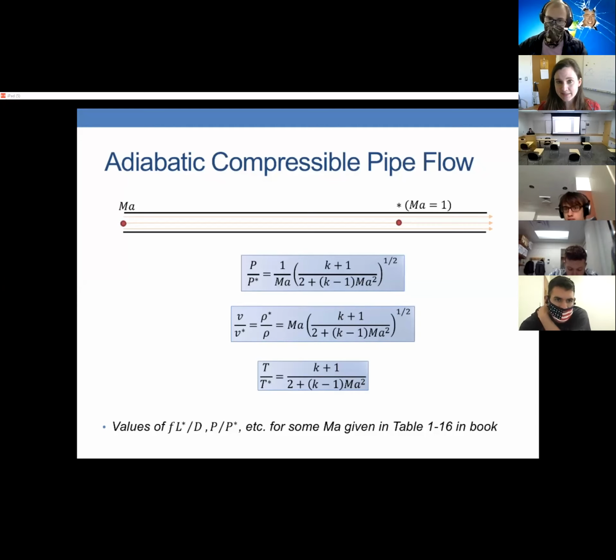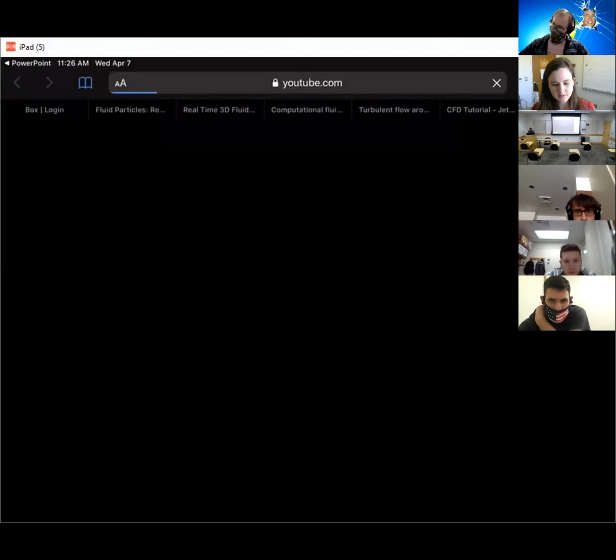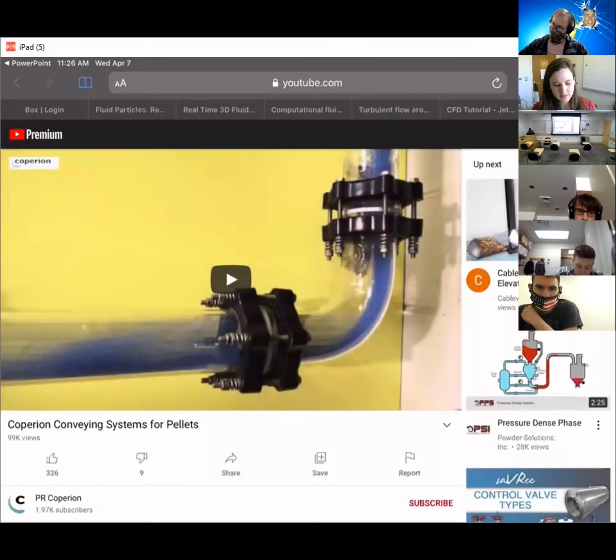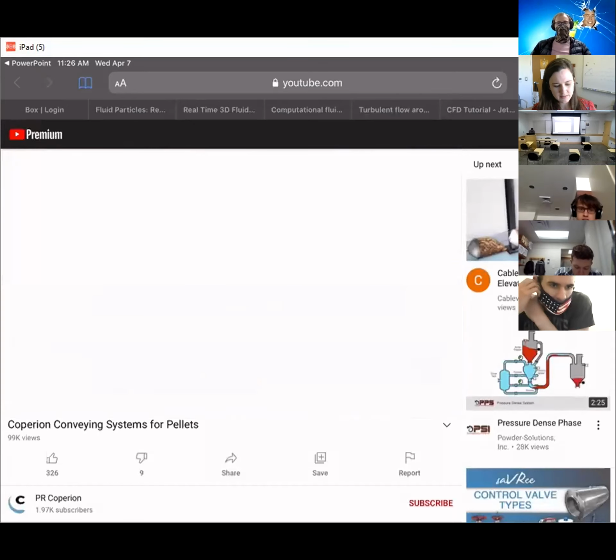So I wanted to find some kind of application for compressible flow. One that is interesting is pneumatic conveying. It's used for powders or other solid things. So we have some pressurized flow.